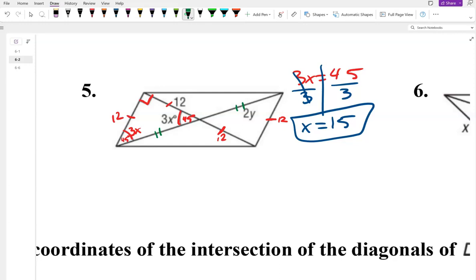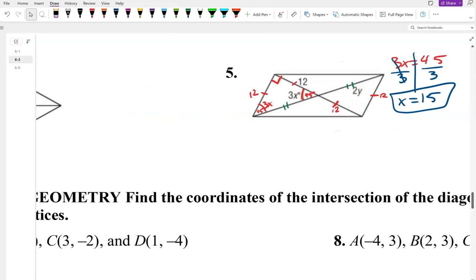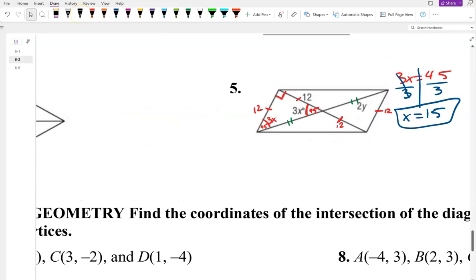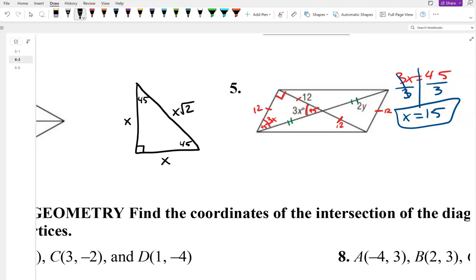Okay? And if you remember from our last unit, when we talked about those special right triangles, right, and I'll even draw it here. So when we talked about our special right triangles, when you had a right triangle that was 45, 45, 90, these two sides were x, this side was x square root of 2, right?